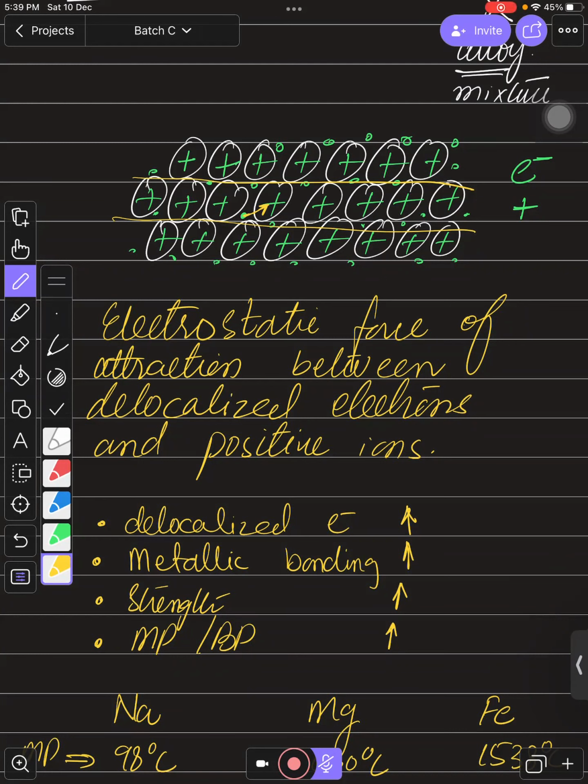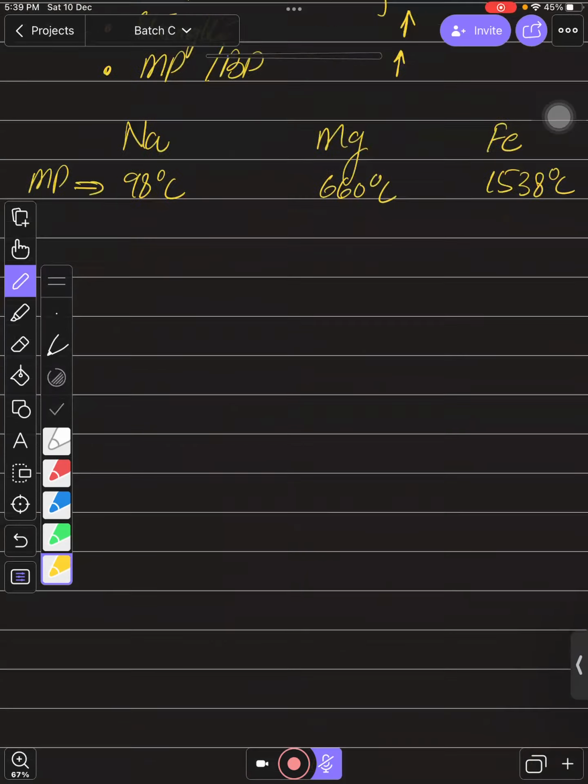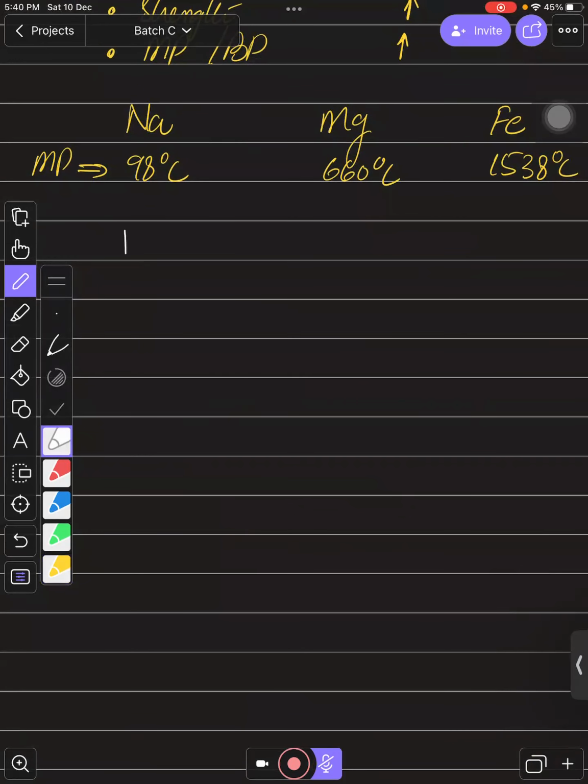And then you can see a sea of delocalized electrons is there. So when you conduct electricity through them, they are the best conductors of electricity as well, right? So the two physical properties are set over here. Only two physical properties are connected with the structure right now. You need to remember, the first one is conduction.